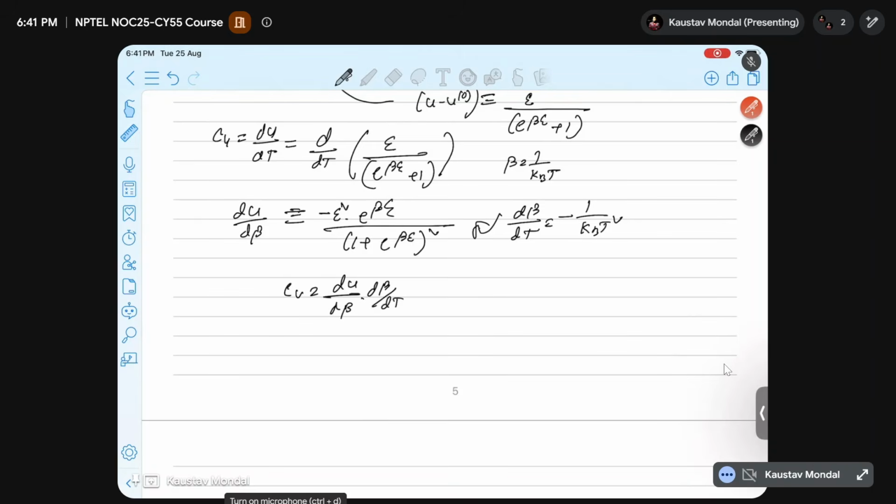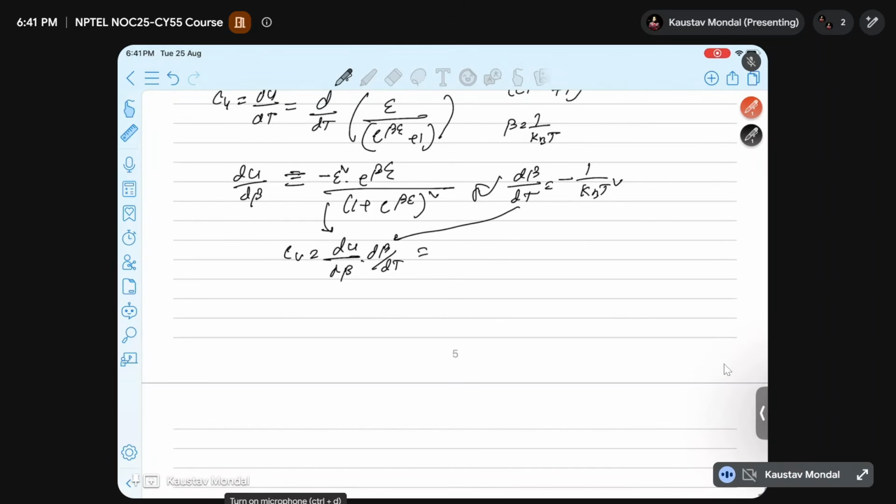We know dU by d beta and d beta by dT, so if you substitute these two things, you will get CV as epsilon square by kB T square into e to the power beta E divided by 1 plus e to the power beta E whole square.